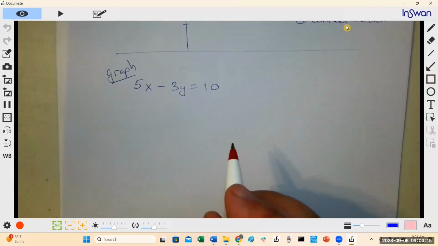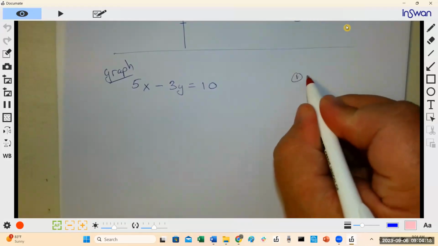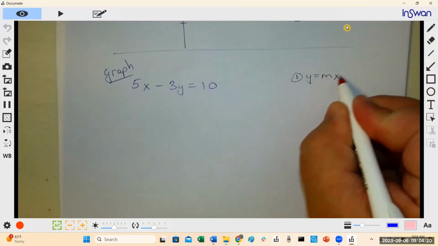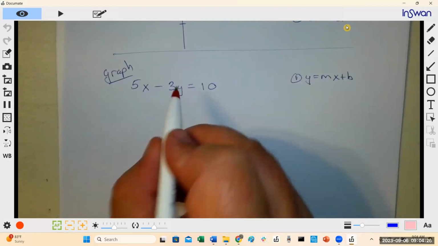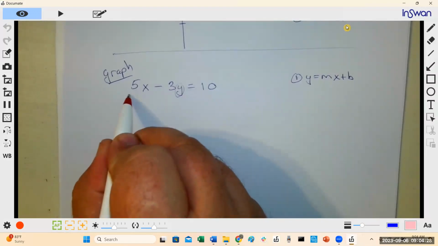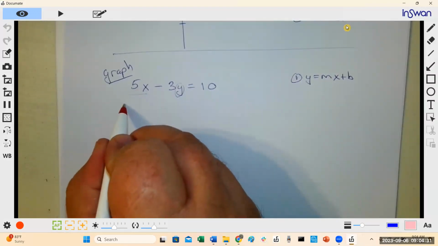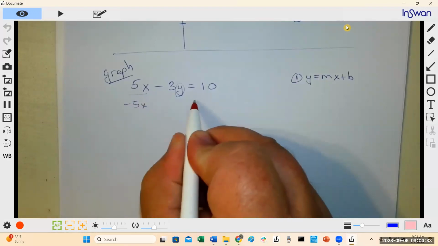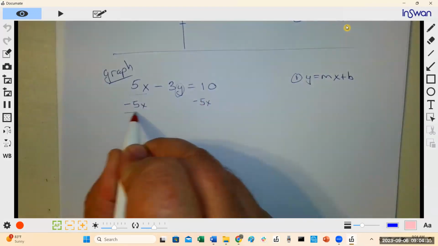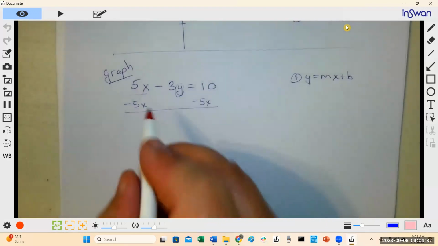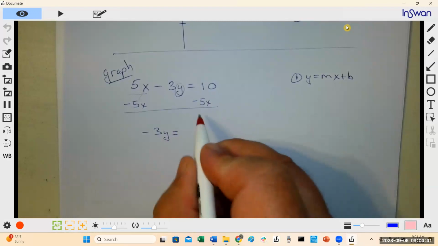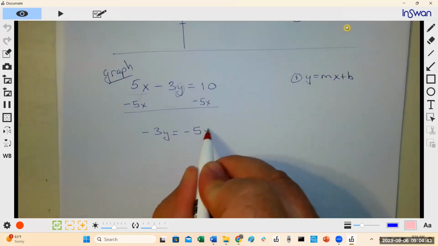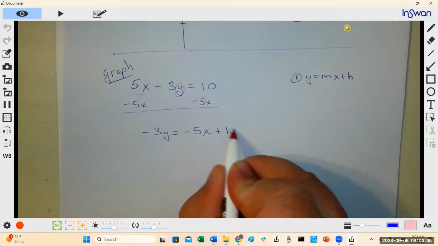The first step, you have to get it into this form. So here's the y. We have to get rid of x. It's a positive 5x, so we subtract 5x from both sides. Negative 5x, 10 is positive.